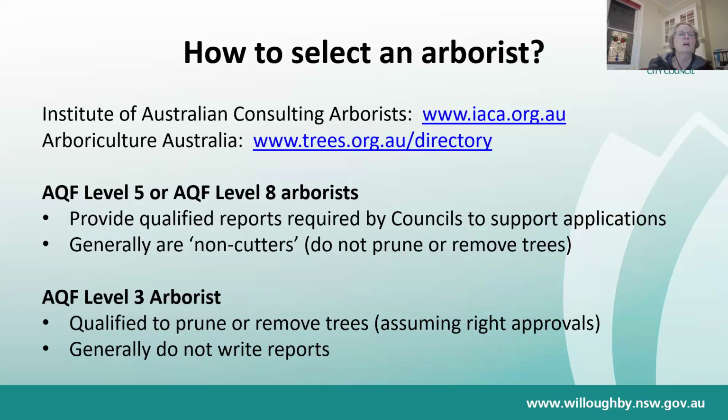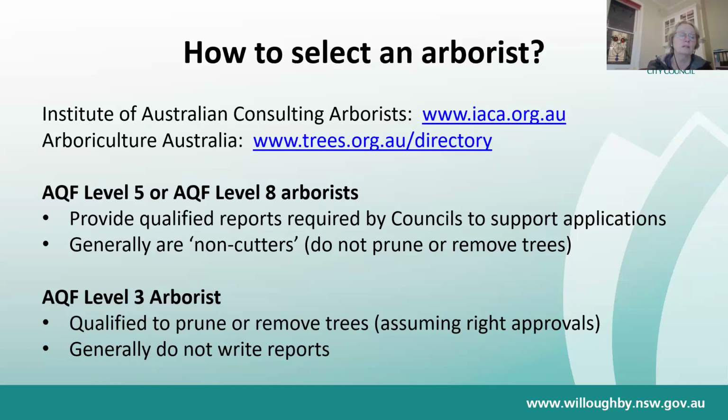We, the top one, are the level 5s or higher, level 8s, and we provide these reports for council, etc., whereas the level 3 arborists are the ones that get up into the trees to do all your maintenance work on trees. Some of them are very good at knowing what they're doing.